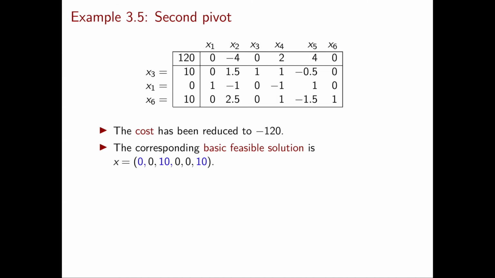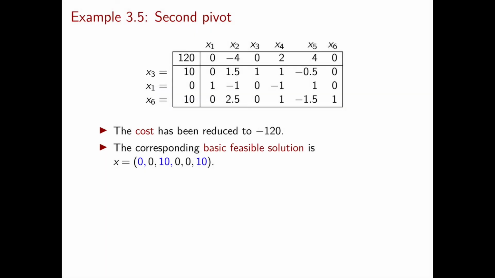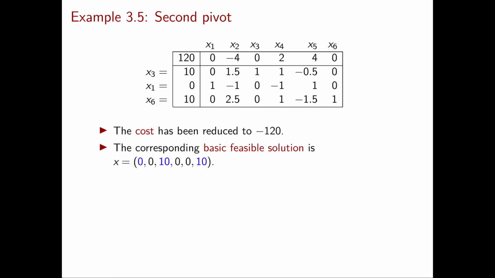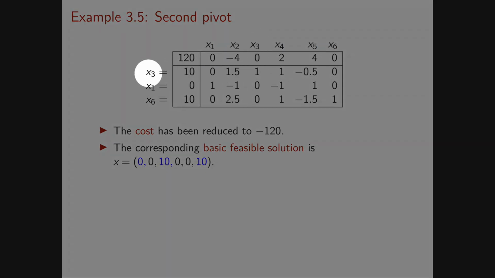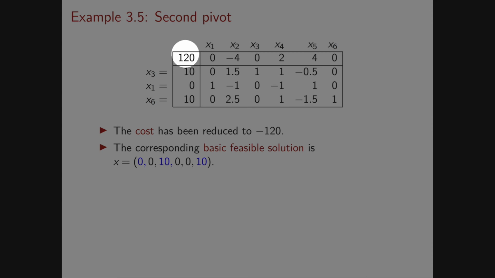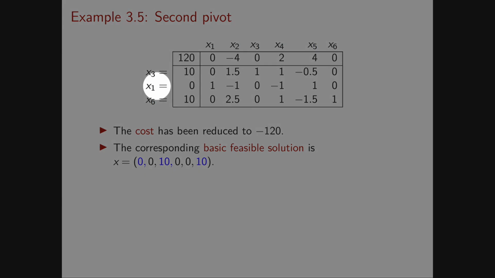As you can see, in the column that was our pivot column, we now have the first unit vector as we should have. Correspondingly, we replace x4 here with x3 because x3 entered the basis and x4 left the basis. We can see that now the cost has been reduced to -100 and the new basic feasible solution is 0, 0, 10, 0, 0, 10.